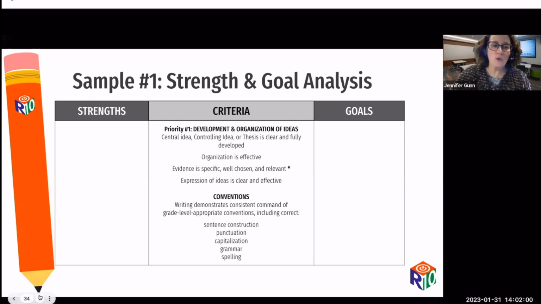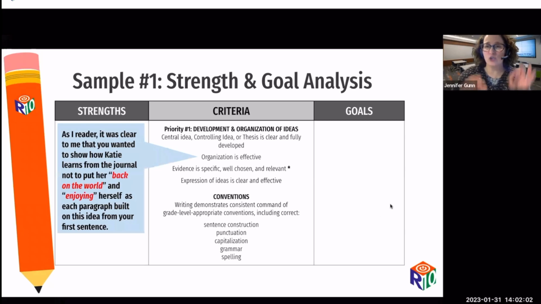So I would tell this student a strength. As a reader, it was clear to me that you wanted to show how Katie learns from the journal, not to put her back on the world and enjoying herself, as each paragraph built on this idea from your first sentence.